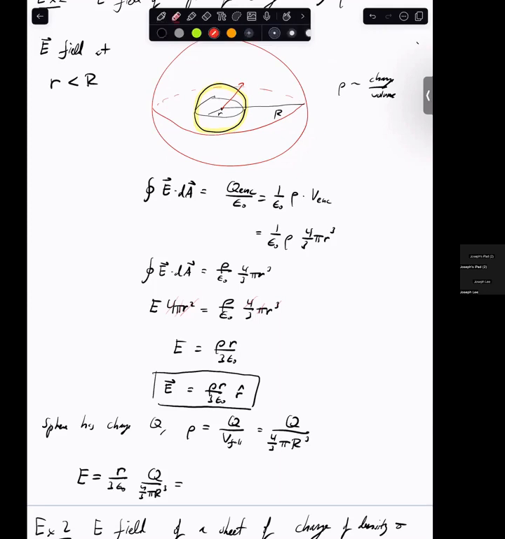These three will cancel out. And I get Q r over R cubed over 4 pi epsilon naught. So that's basically the constant k times Q r over R cubed, or maybe more compactly written in other places like this.